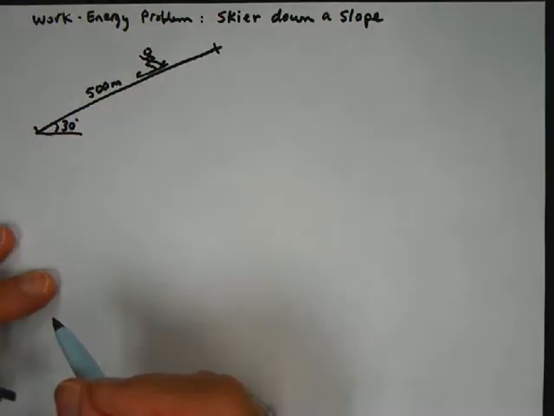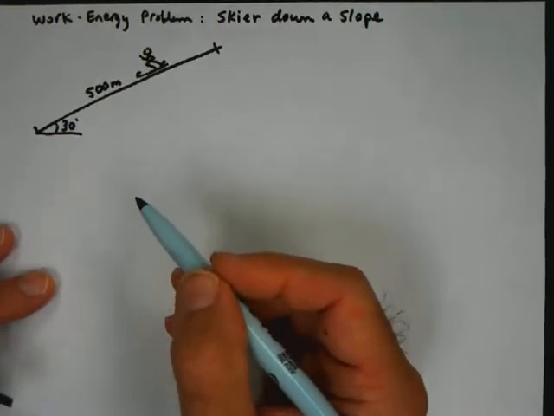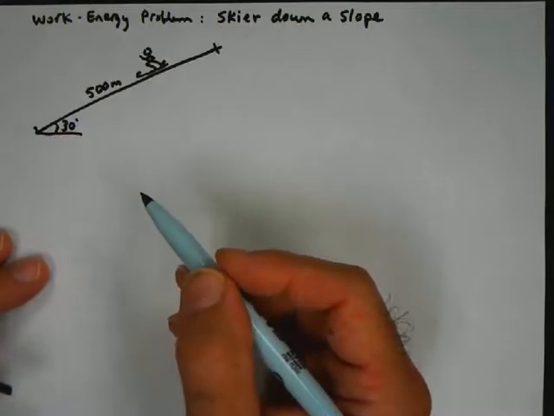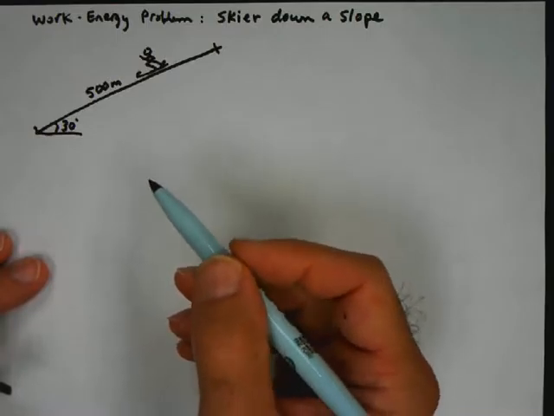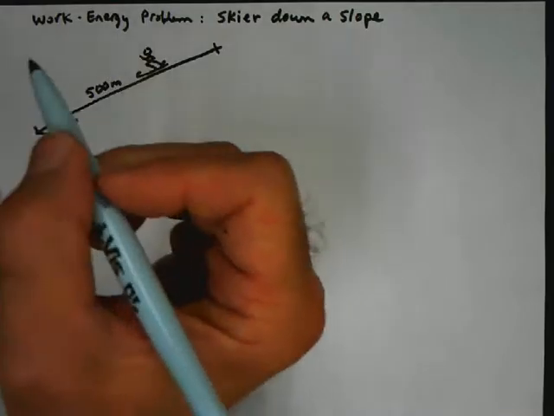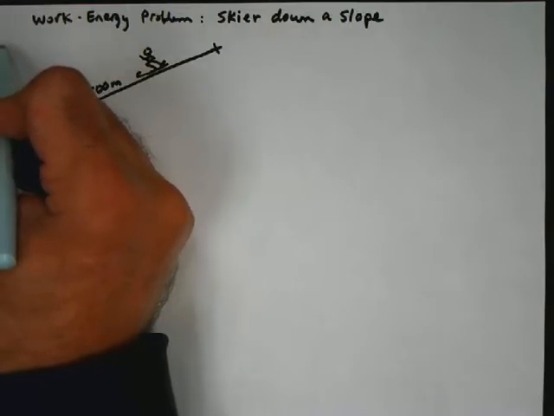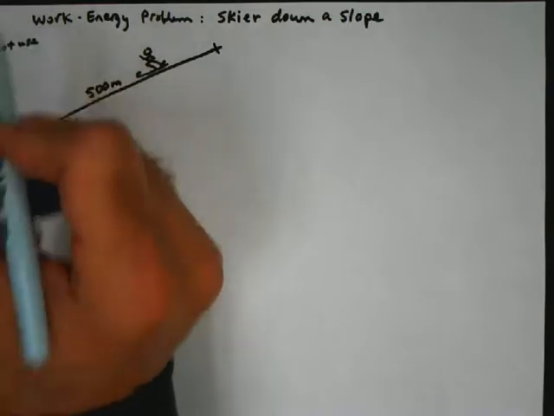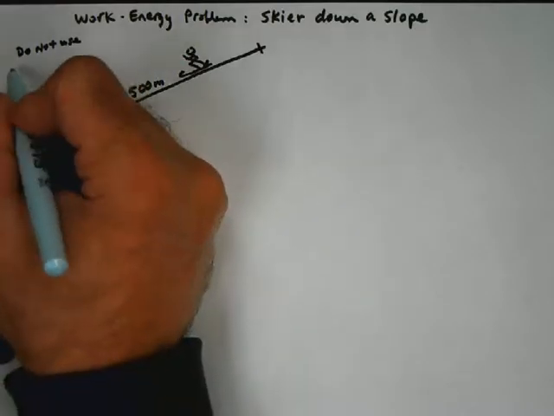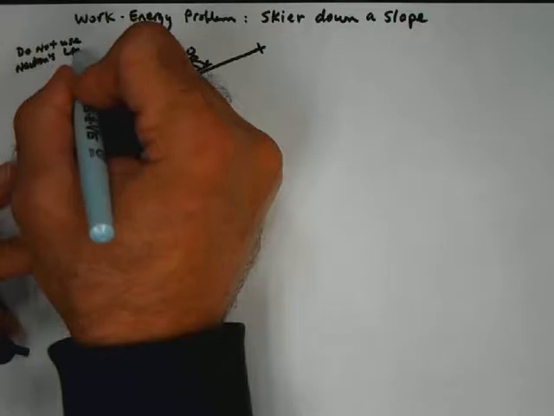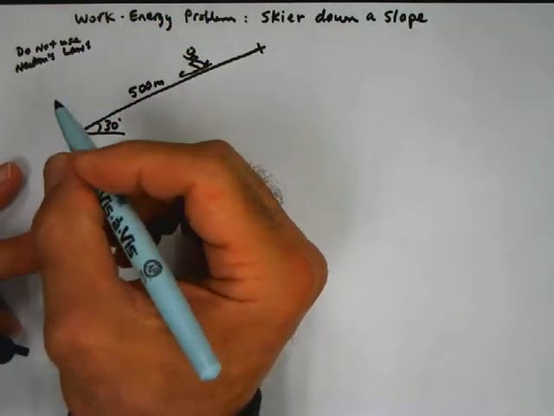Good. Now, I'm going to put a constraint on here that we're not going to be able to use Newton's laws or Galileo's equations. So for this one, do not use Newton's laws, at least primarily don't use them, or Galileo's kinematics equations.